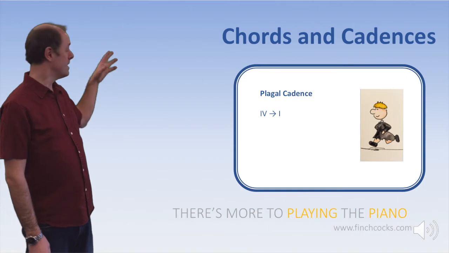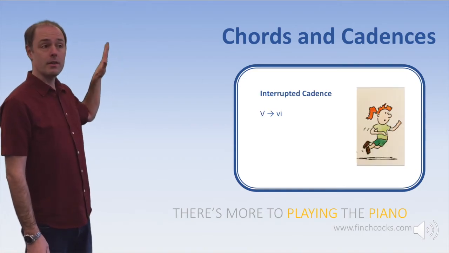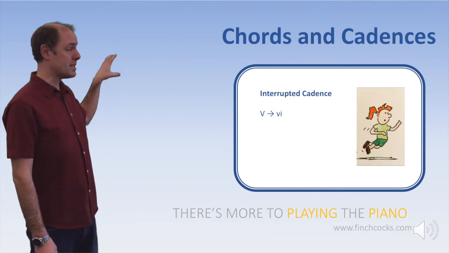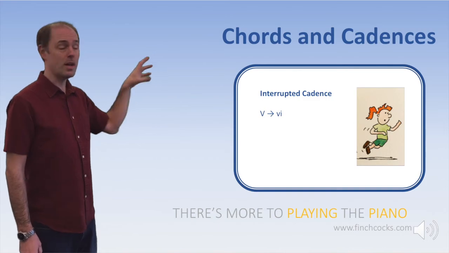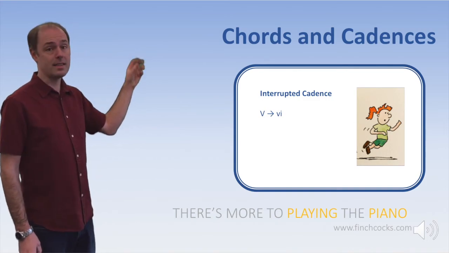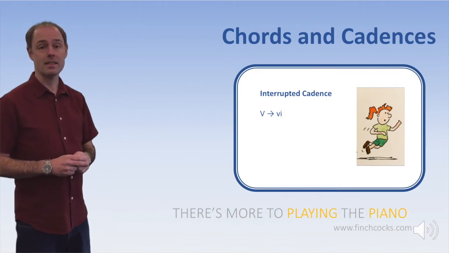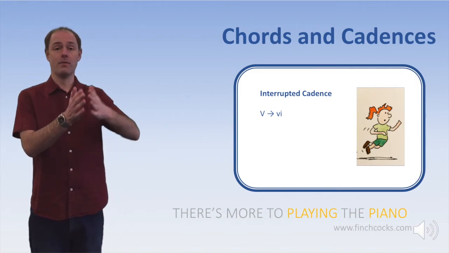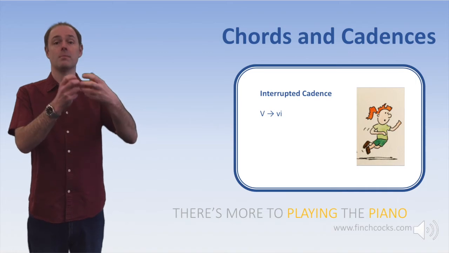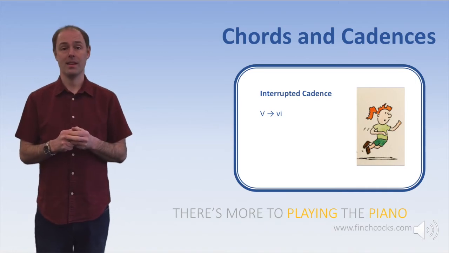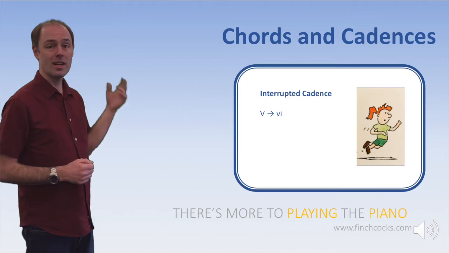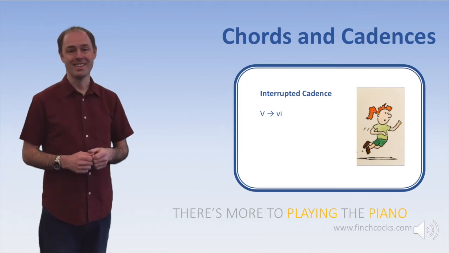Another cadence: you're expecting 5-1, but suddenly you tweak to the relative minor, you go 5-6. It really does sound like you've tripped over. It's an interrupted cadence. You're expecting the perfect cadence, the end of the piece, but something else happens. I'll demonstrate these more clearly at the piano.